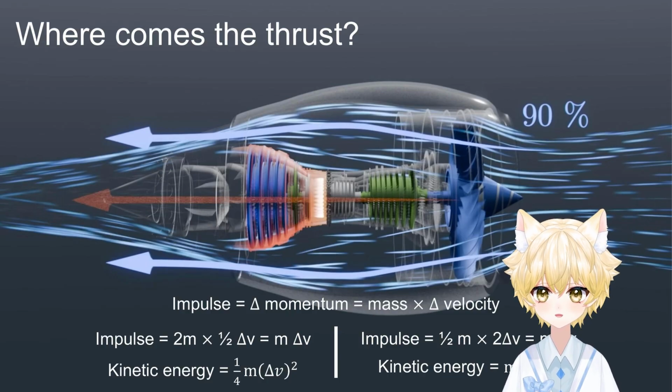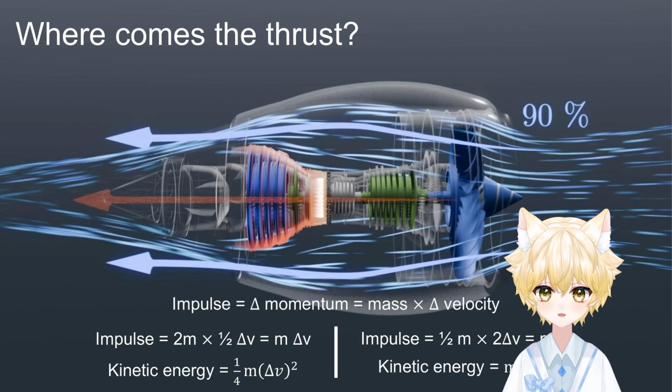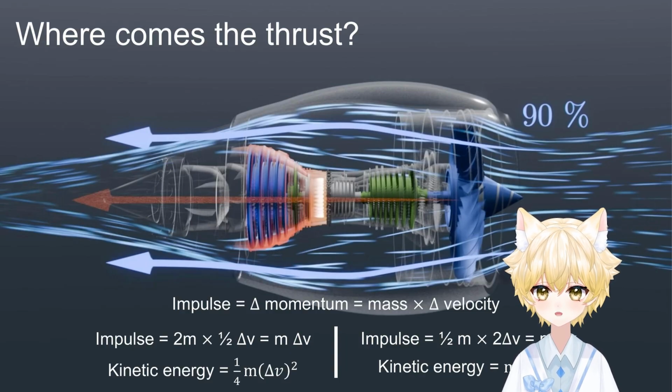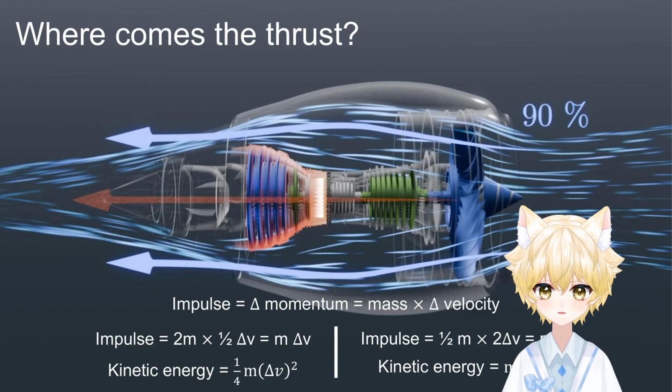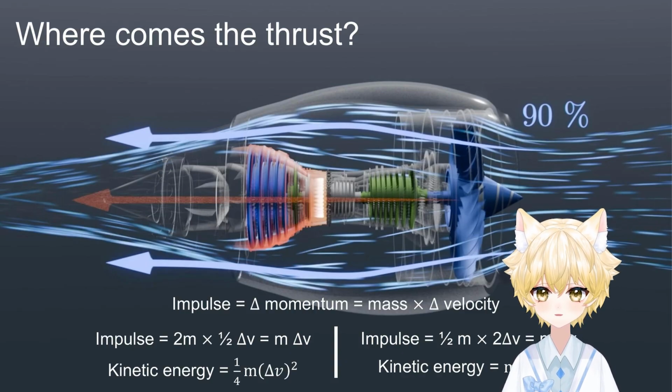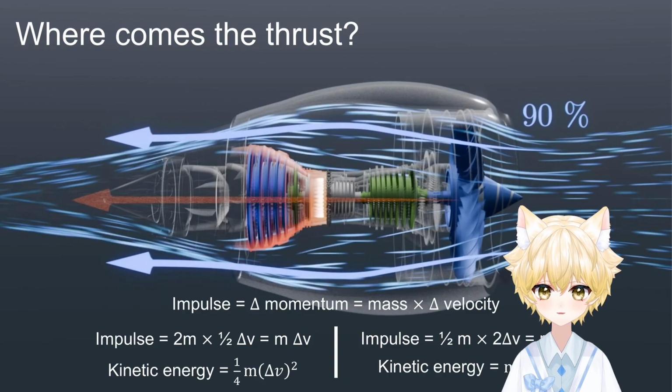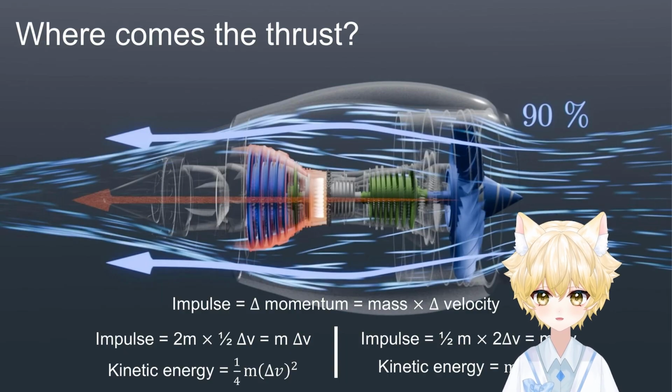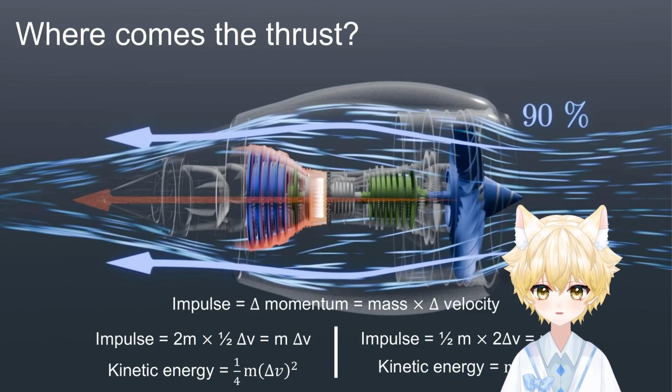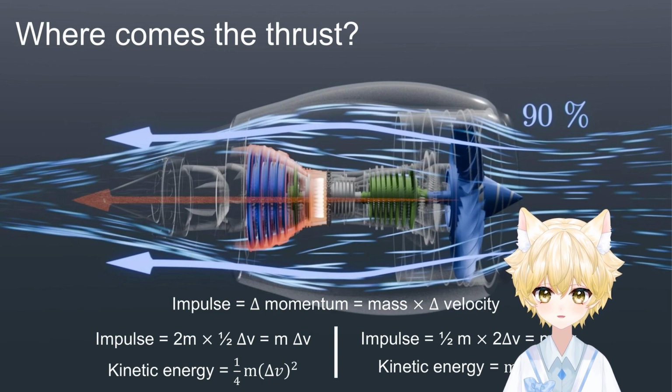The other 90% bypasses all that. It's simply propelled backward by the fan. It goes right around the core of the engine and comes straight out the back. The fan pushes that air backwards, so the air pushes the fan forwards. That's how you get 80% of the thrust. It's basically a huge propeller.